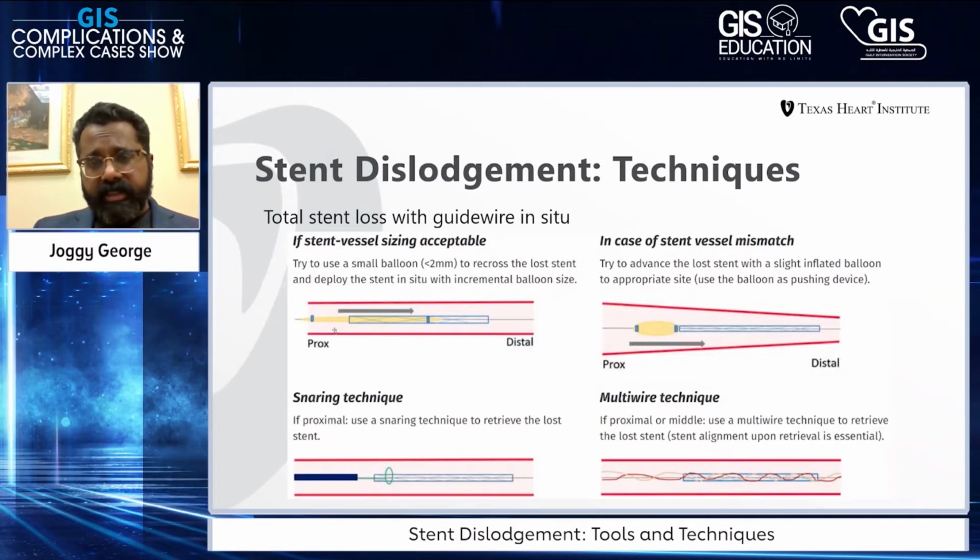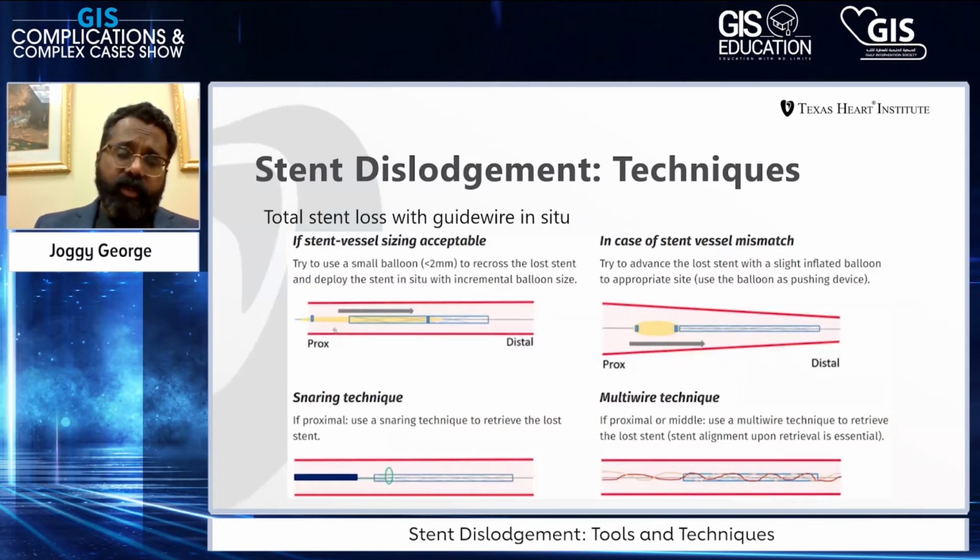So both of these can be used where we have the guide wire still in place, but there is total stent loss. In other words, there's no balloon in place, but the guide wire is in place.